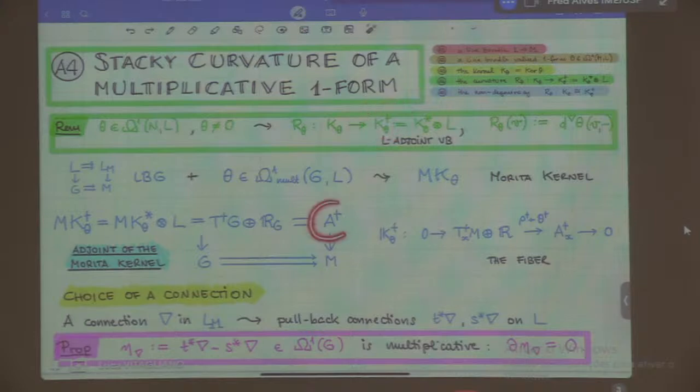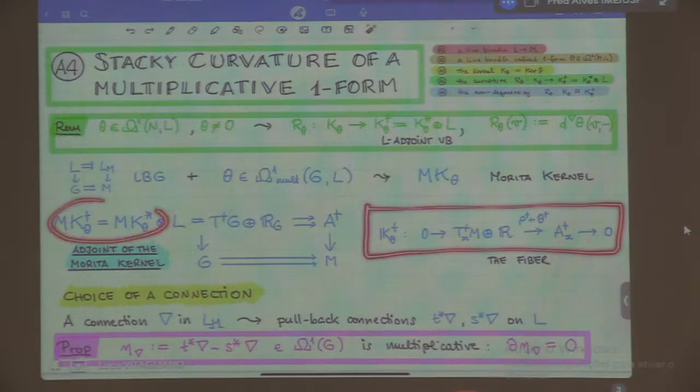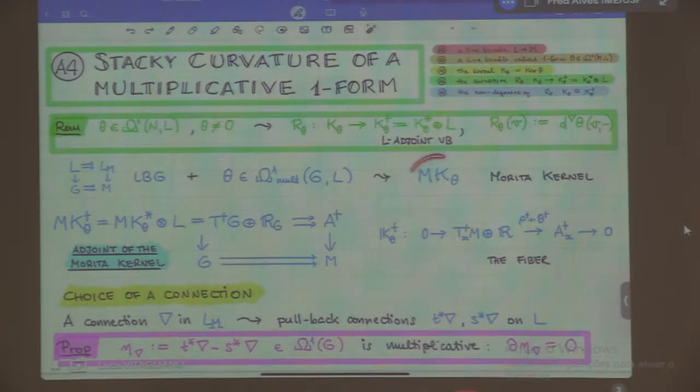The objects are the adjoint of the algebroid, so this is as usual just the dual twisted by the line bundle, right? For instance, the fiber of the adjoint Morita kernel is just the adjoint of the fiber of the Morita kernel.